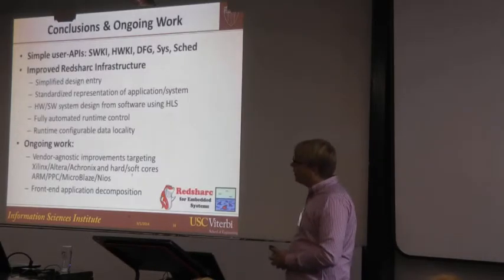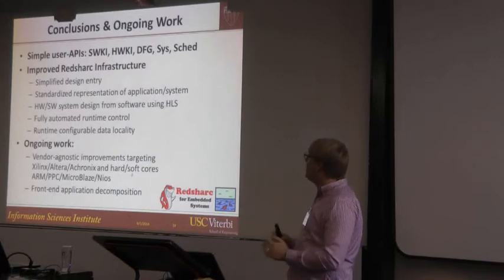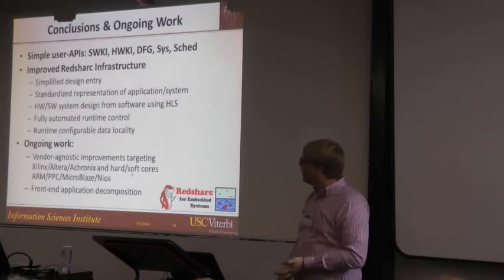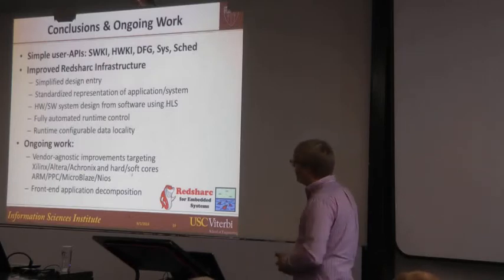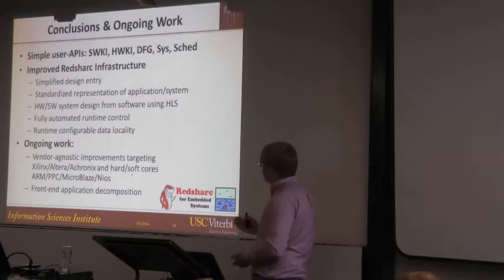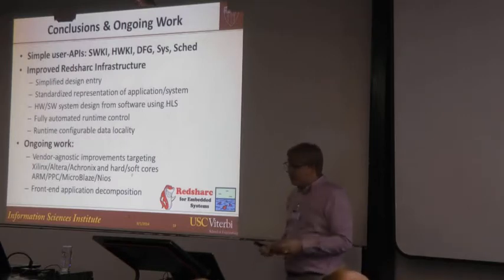So to conclude, Redsharc is a set of simple user APIs, software and hardware kernel interfaces, data flow graph, system configuration, and scheduling. We improved on the Redsharc infrastructure that existed before. We simplified design entry, standardized representation of the application.